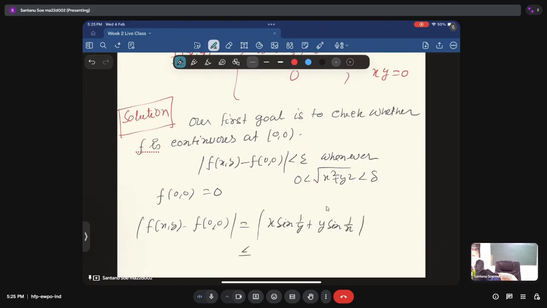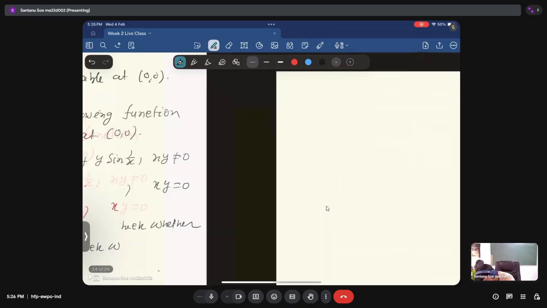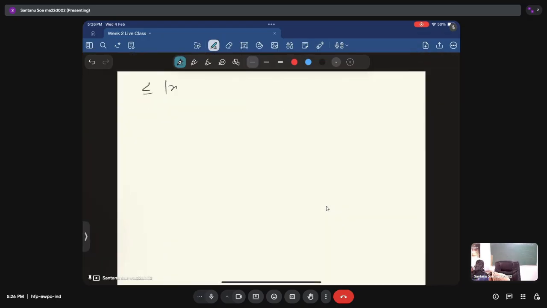So by triangle inequality, this will be less than or equal to |x sin(1/y)| + |y sin(1/x)|. And this is less than or equal to |x||sin(1/y)| + |y||sin(1/x)|.